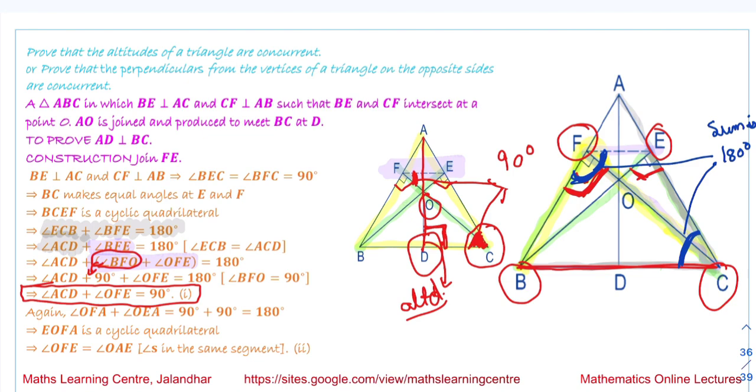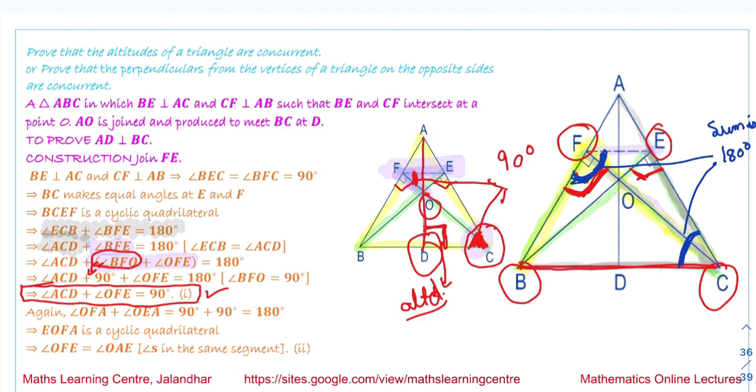So we have this equation over here. The first equation we are talking about is that angle ACD plus angle OFE, this angle, the sum of these two angles is 90 degrees.